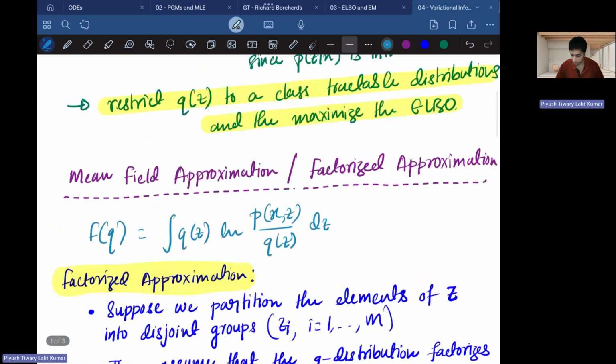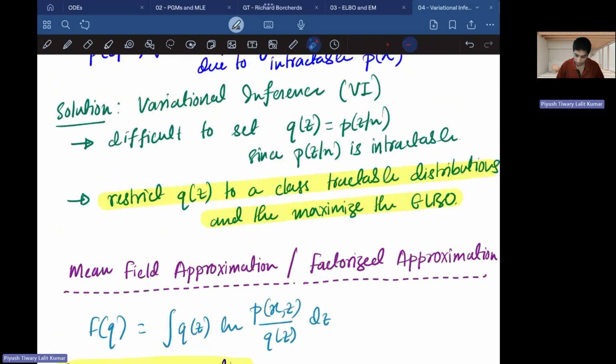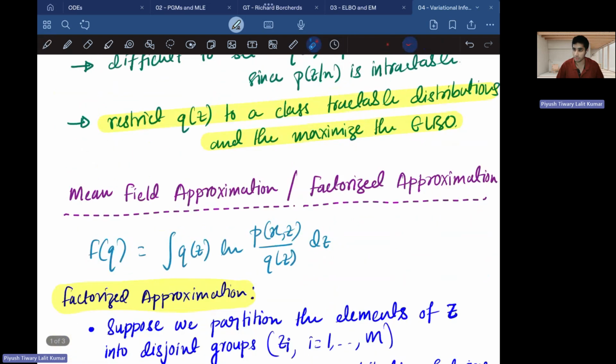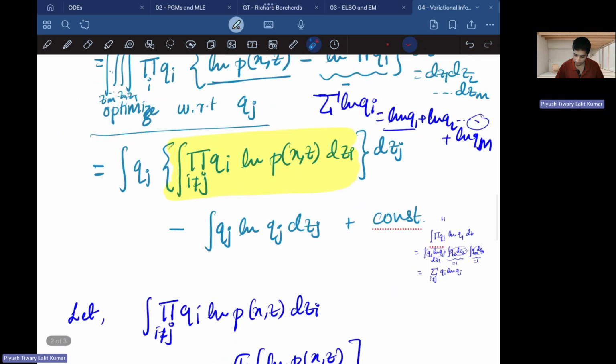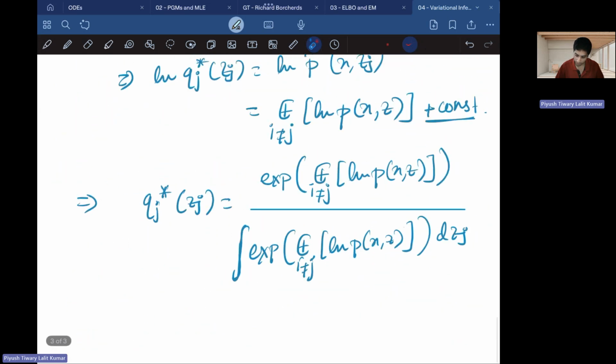We started from this problem that EM has, and we decided to make an assumption that will simplify our lives, and that resulted in this calculation, and finally we got a value of Qj star in this closed form, which in my opinion is quite fascinating because you didn't have to do any optimization here, unlike the EM algorithm. You got everything in a closed form solution.